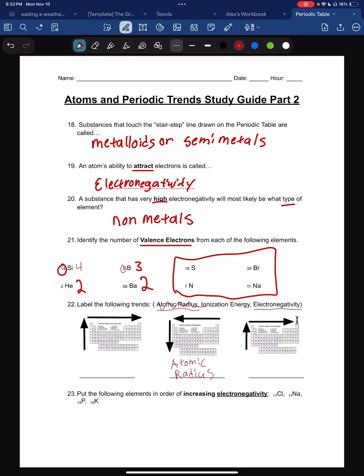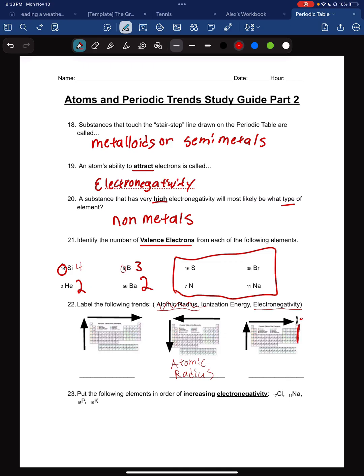Now we have 2 more: electronegativity and ionization energy. Electronegativity, remember, is an atom's attraction towards another atom's electrons. If we're talking about our noble gases that already have 8 valence electrons, they're going to be unreactive. They're not going to be attracted to other electrons. So what this X is representing is this whole column, column number 8.